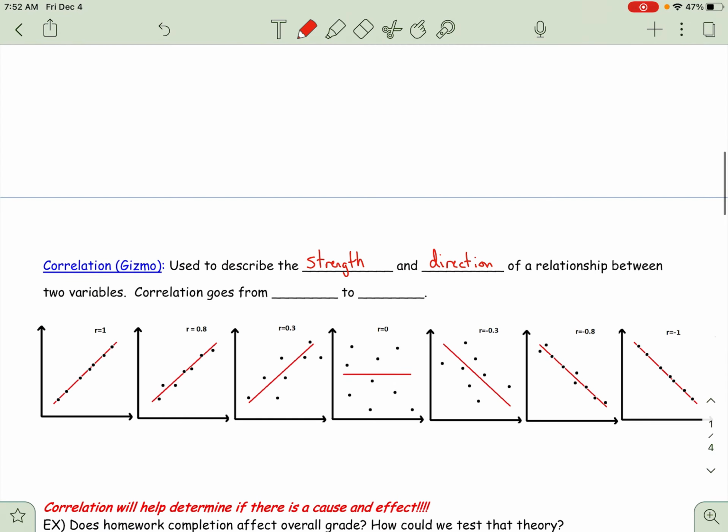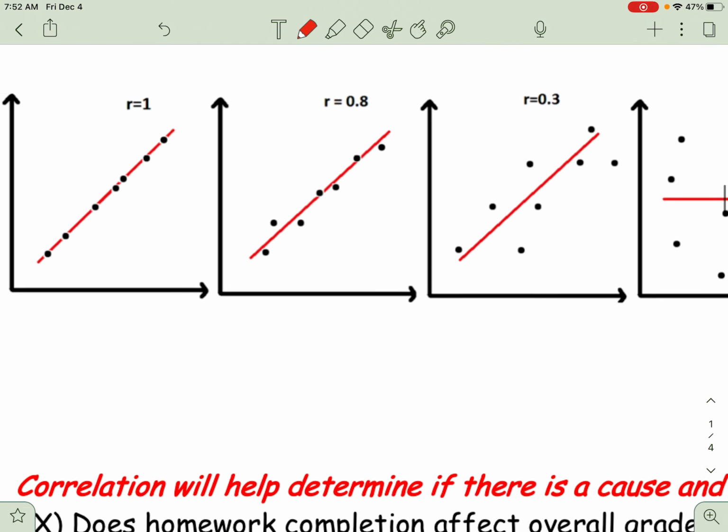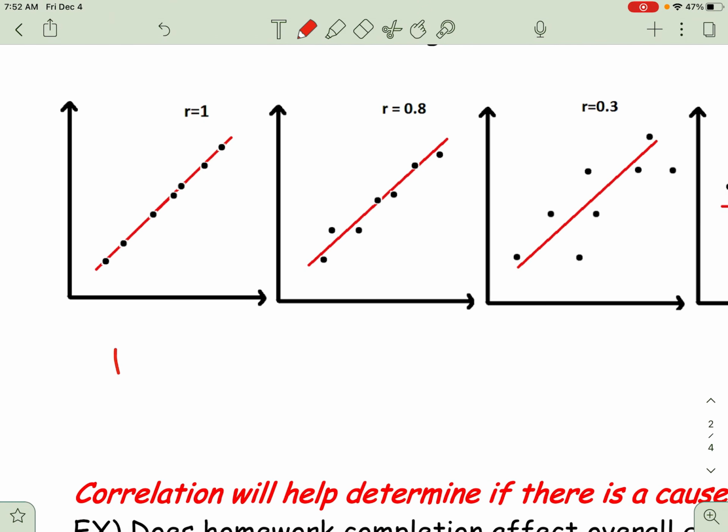So what that means is you could have it be positive, negative, or no correlation.